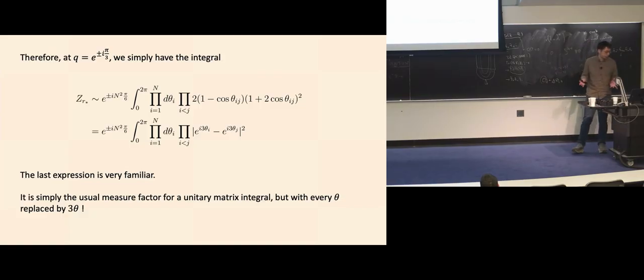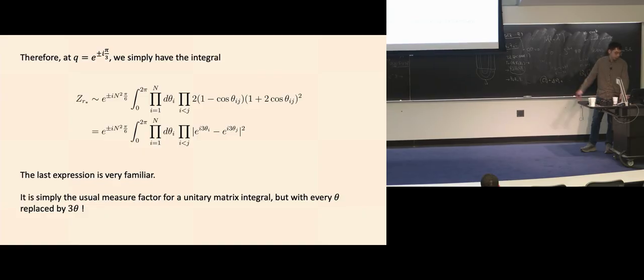This expression is probably familiar to many of you. That is the usual measure factor of a unitary matrix integral, but now with every theta replaced by 3 theta. Instead of having theta in the expression, we now have 3 theta.